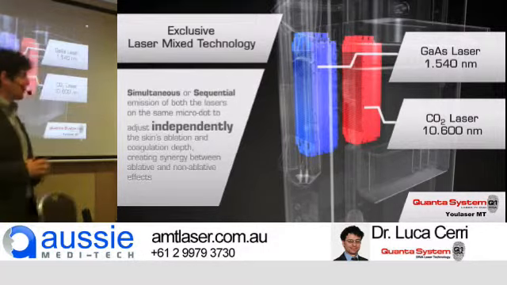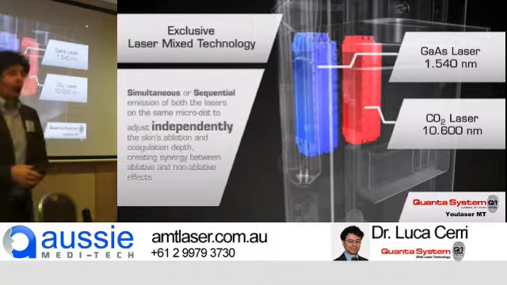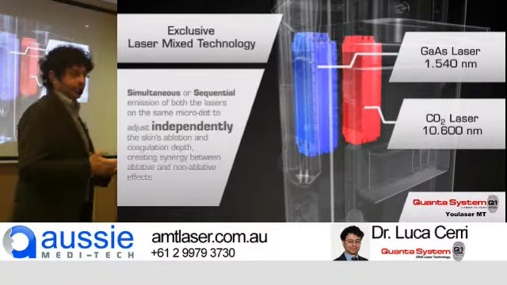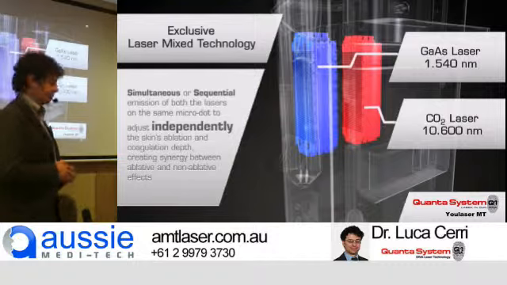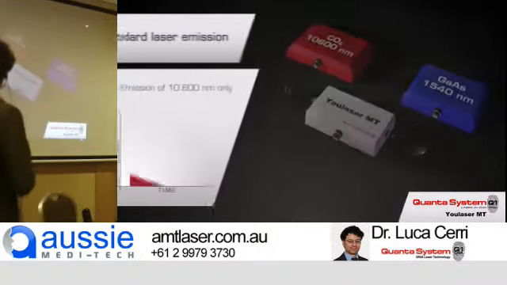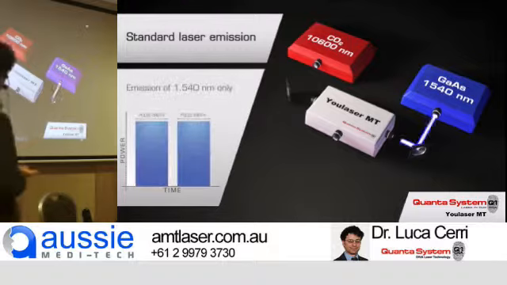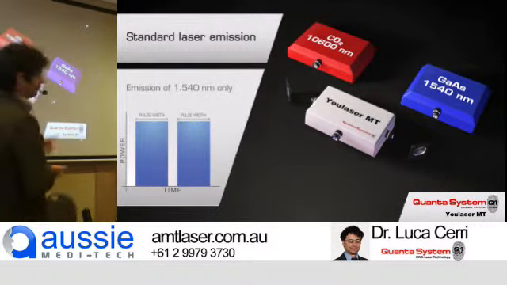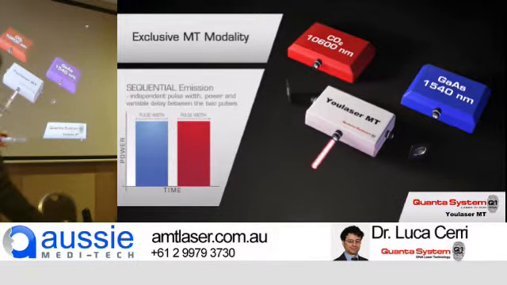So this device has on board both the laser sources, and they can work alone. So we can decide to switch on just one, or to have both active and working in sequential or simultaneous emissions.